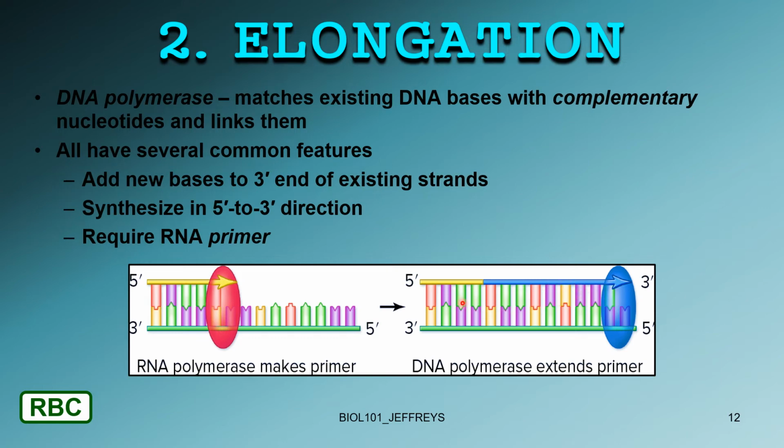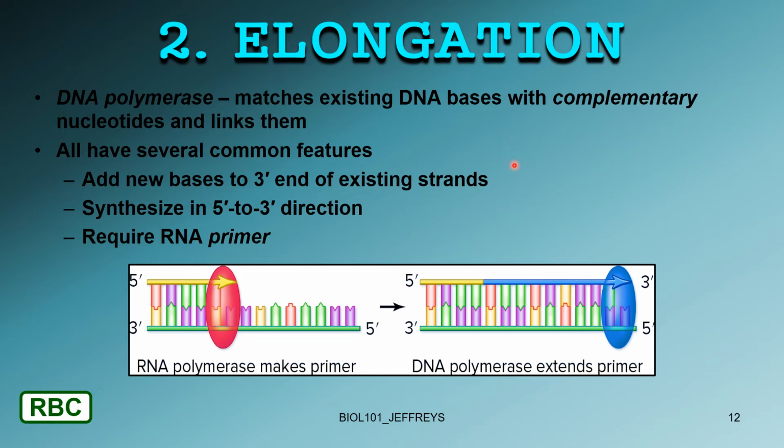Later on, we have an enzyme that comes in here, clips out the primer, and lays down those DNA nucleotides. But the point here is DNA polymerase 3 matches existing DNA bases with complementary nucleotides. Remember, A to T, C to G, and links them together.